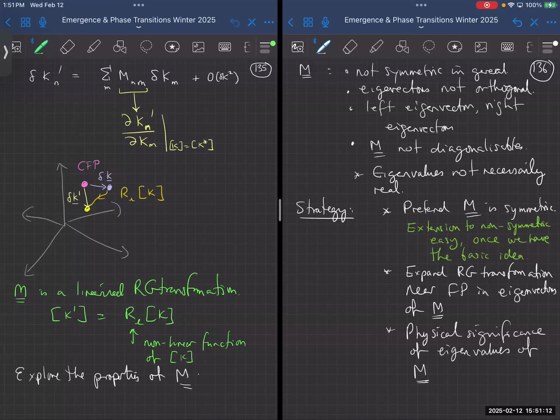So what we're going to see is that that corresponds to starting in a way that you don't have any eigenvectors perpendicular to the critical manifold. In other words, you're on the critical manifold. So the critical exponents are going to end up being related to the eigenvalues of the linearized renormalization group transformation.